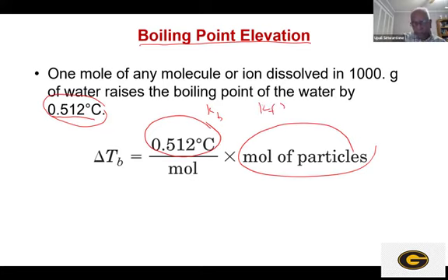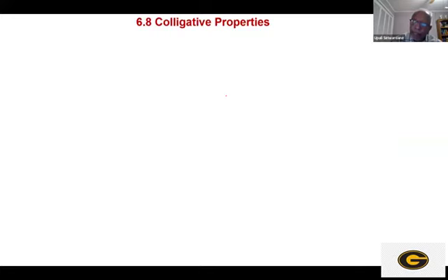Kf is the freezing point constant. Kb is the boiling point constant. So you can do calculations using either freezing point depression constant Kf or boiling point elevation constant.